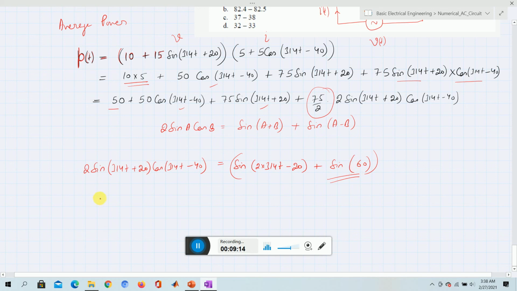So in this power, this value is 50 that we are getting without any multiplication of sine, and another term we are getting is this 75 by 2 into sine 60, which is root 3 by 2. So these are the only values we are getting without multiplication of the sine and cosine term.